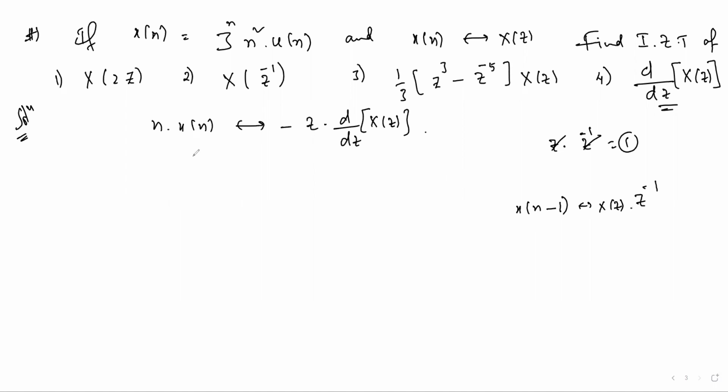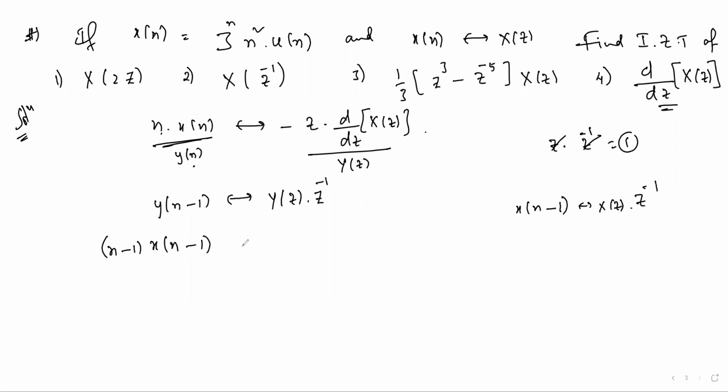Fine. Now I am taking this one as y of n and this one as y of z. Then what is the z transform of y of n minus 1? Y of z multiplied by z inverse. Then what is y of n minus 1? If y of n is equal to n into x of n, that is (n minus 1) x of n minus 1.